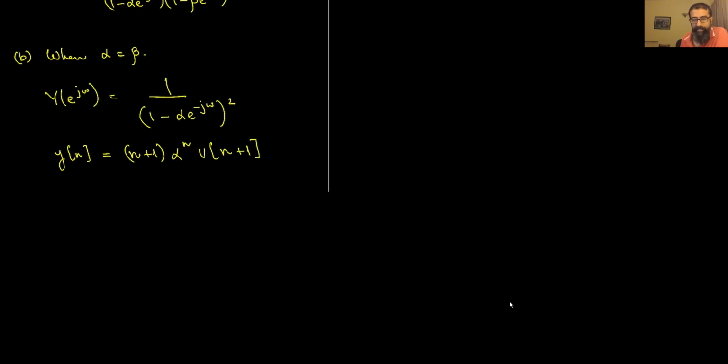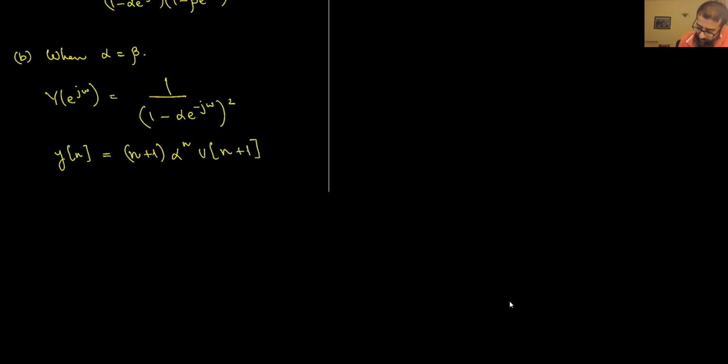And I can simplify this a bit further in the sense that u of n plus 1 actually starts at n equals minus 1. And I see that when I plug in n equals minus 1 here, this goes to 0. So therefore, this signal actually does not really start at n equals minus 1, but rather at n equals 0.